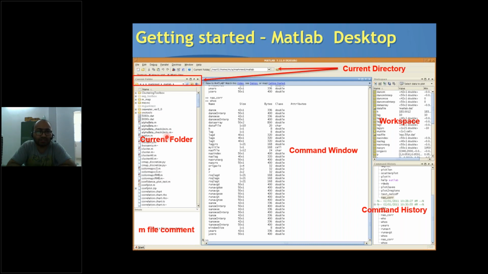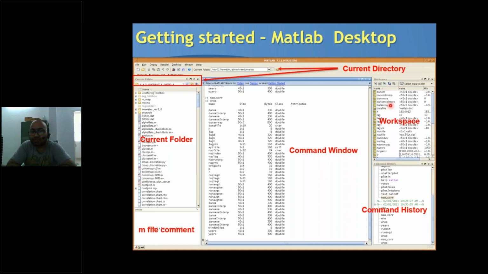If you click on a certain file, it will display the details of that particular file. Here all the files are .m files, so it will display what type of file it is and the name of that file. If it is a picture file, then it will display the picture along with its size.